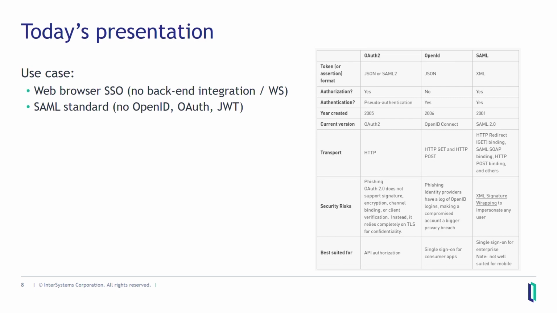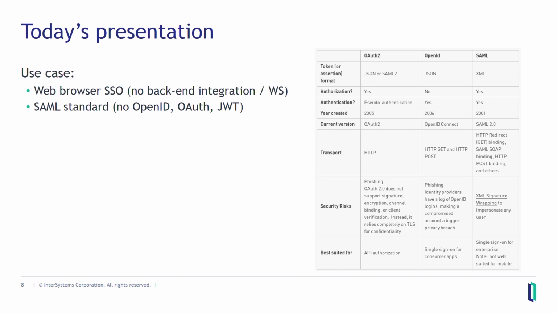Just quickly, I won't go through all the lines, but a couple of things. OpenID and OAuth 2, unlike SAML, are not completely authentication and authorization, whereas SAML can cover both. SAML is a fairly old standard compared to the other two, and has already had 2 versions.